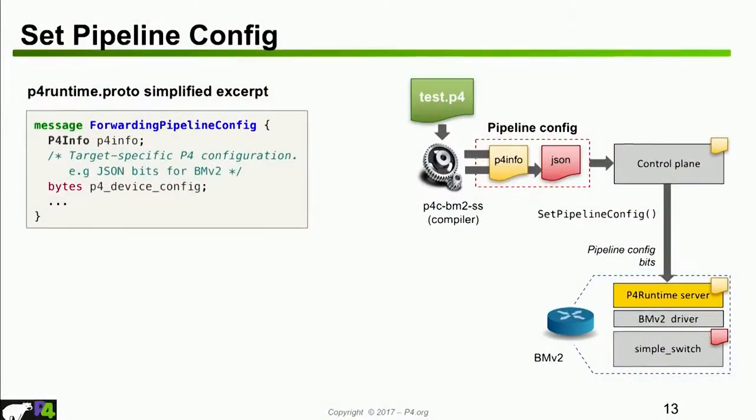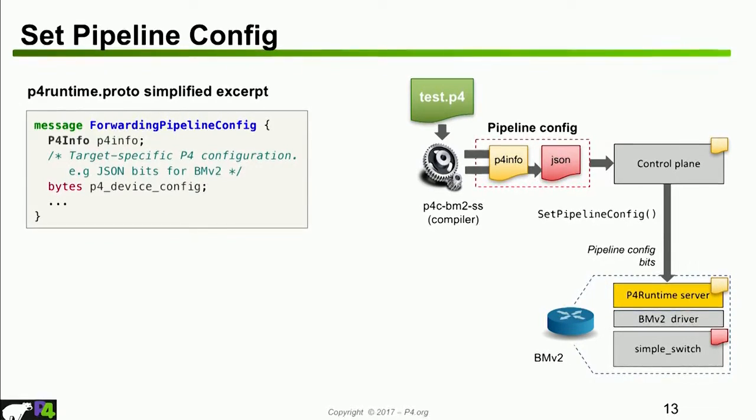So as I said before, you can use P4Runtime also to push a new P4 program onto the switch once the switch has been deployed. For this, the P4Runtime.proto definition defines an RPC call called SetPipelineConfig that is used to push down the pipeline config bits. What is this pipeline config? Pipeline config is basically the combination of the P4 info file and the target-specific configuration binary.